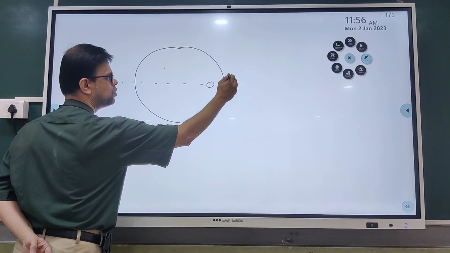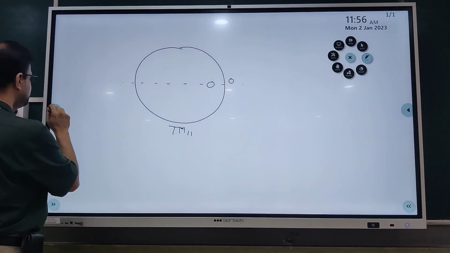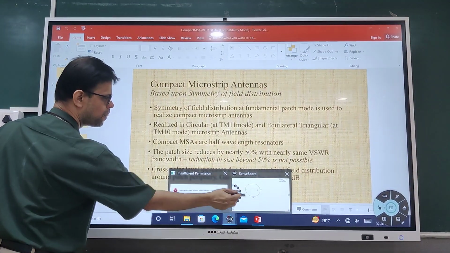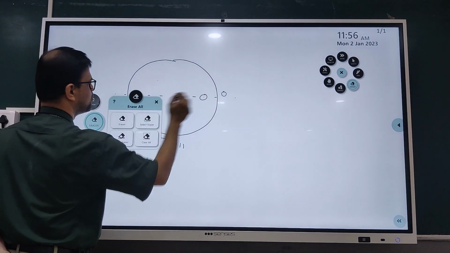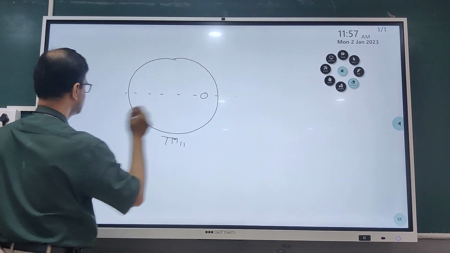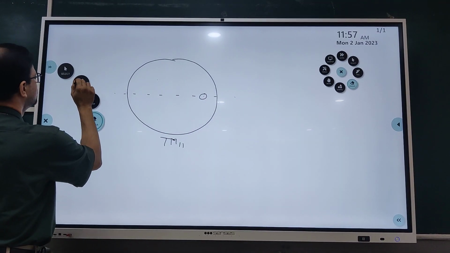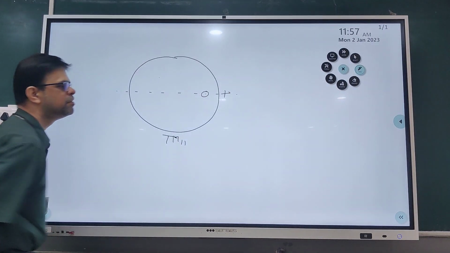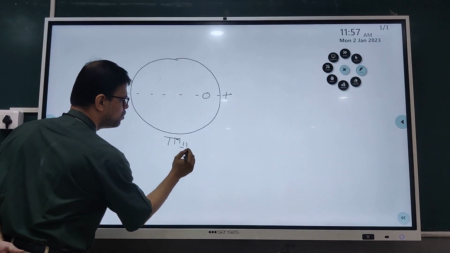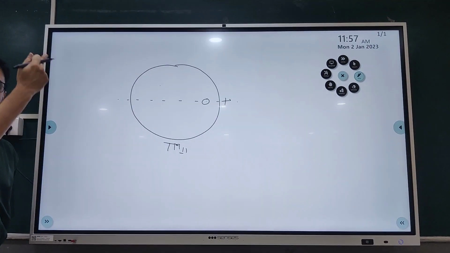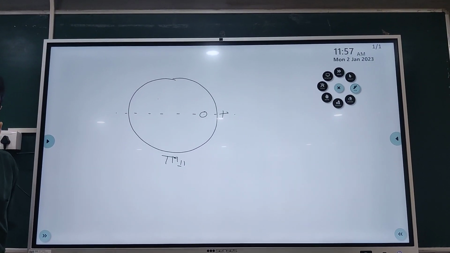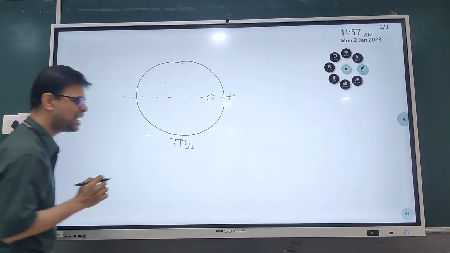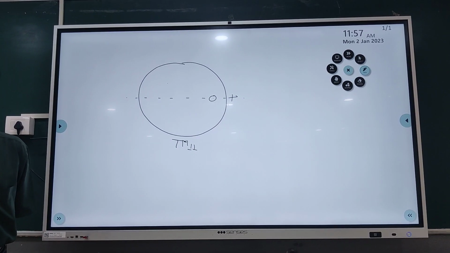Since the coaxial feed is over here, this point will be positive, because 1 stands for 1 wavelength variation along the perimeter, and this 1 stands for 1/2 wavelength variation along the diameter.